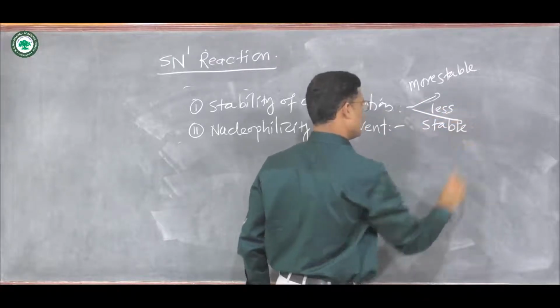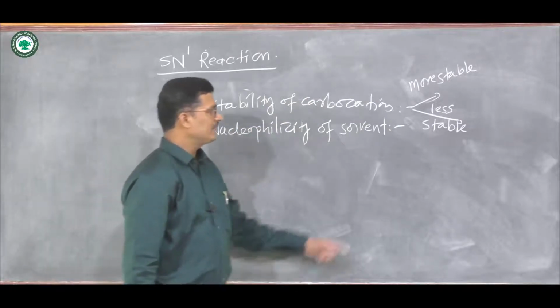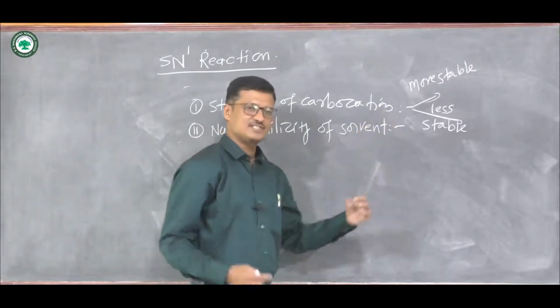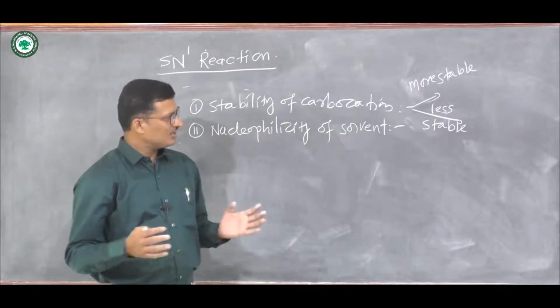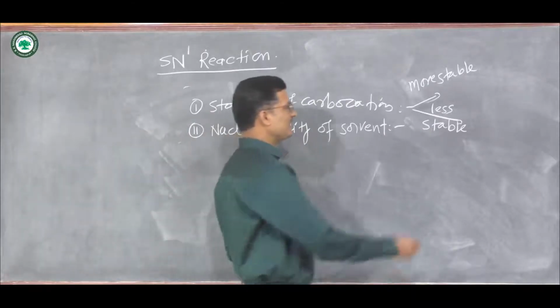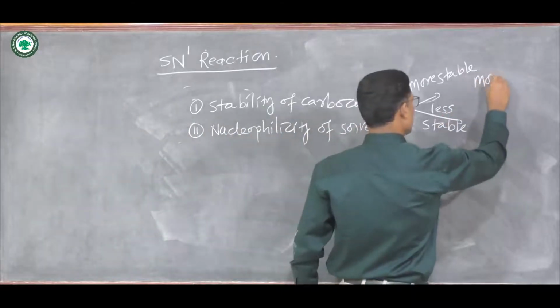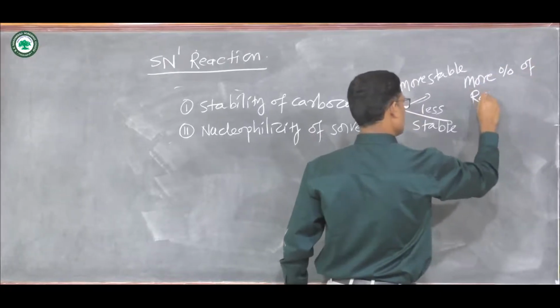When the carbocation has more and more stability, the attack of the nucleophile from the back side and front side is more and more equal, and that's why there is a higher percentage of racemization.